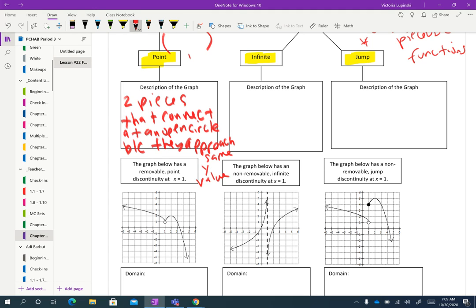It's easy to recognize where the point discontinuity is, but if you were looking to describe them, there are two pieces that connect at an open circle because they approach the same y value.